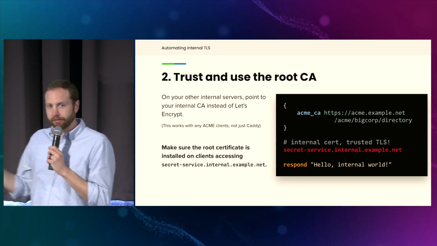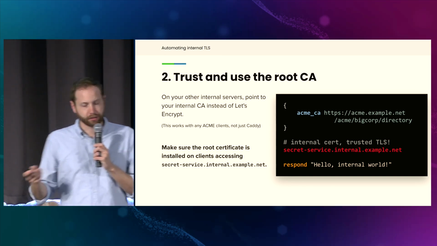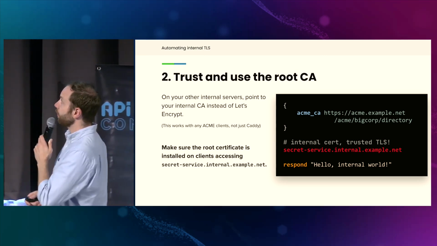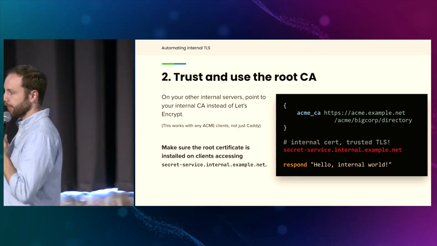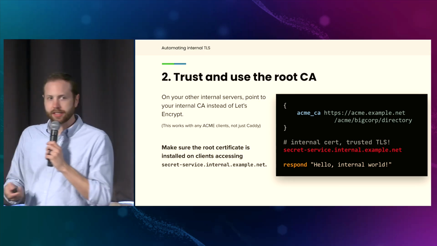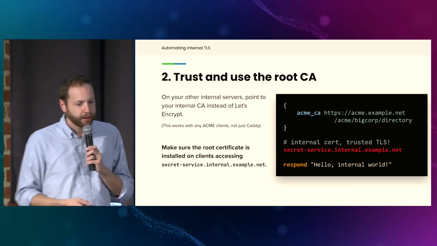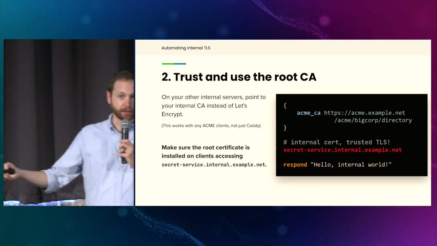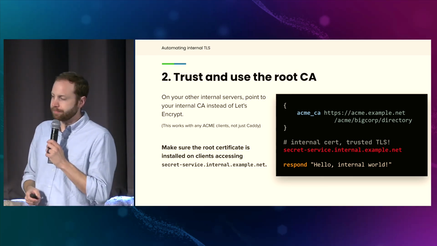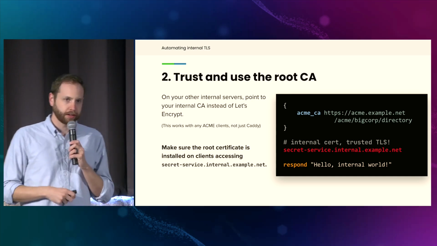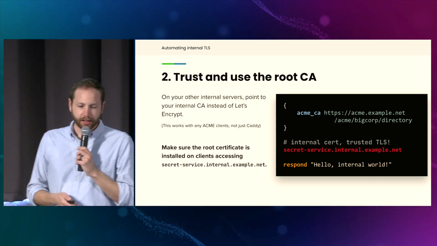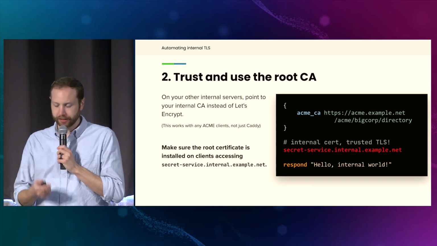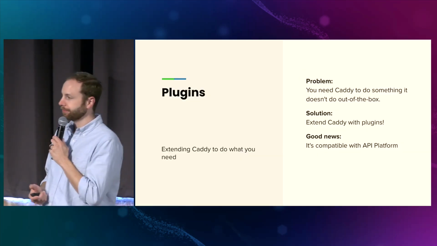And this will get a valid trusted certificate from your own internal certificate authority, which is very useful. And so then you can have valid, trusted TLS within your infrastructure. And again, on this end, you don't have to use Caddy. This could be any HTTP or TLS client, as long as that root certificate is trusted, and as long as you're using that ACME server to get certificates from your root CA.